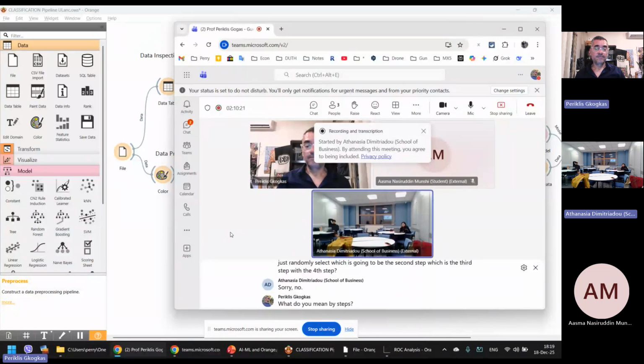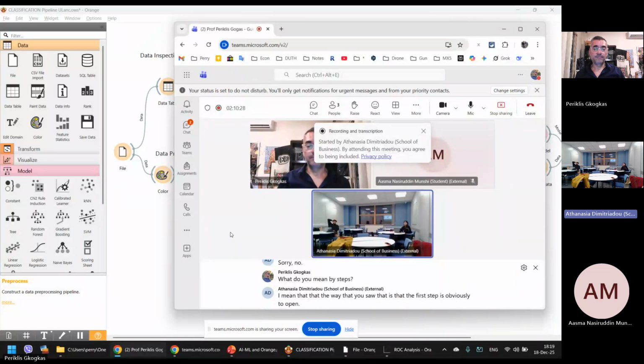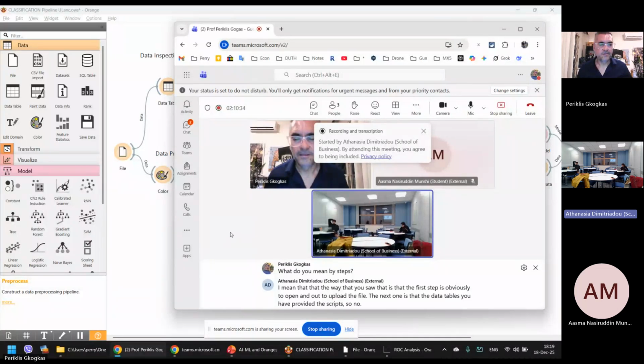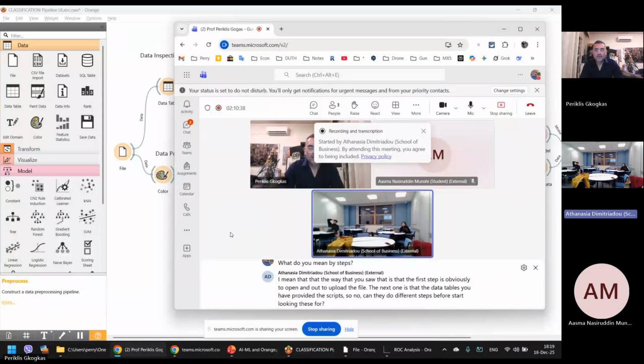I mean that the first step is obviously to upload the file. The next one is the data table, then the discrete analytics, and so on. Can they do different steps before looking at this? For example, can they jump to train the model, or split the data first?